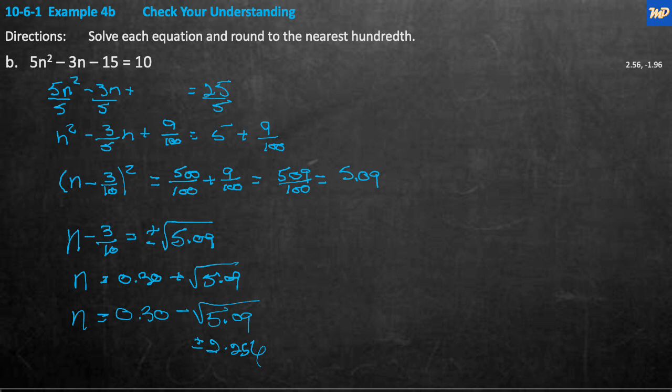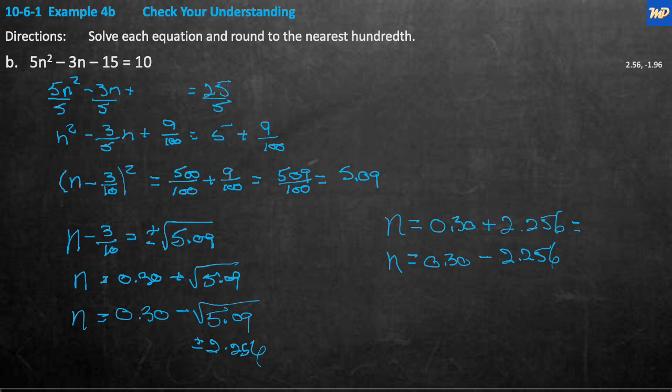So carrying it over here, our new number is going to be n is equal to 0.30 plus 2.256, and n is going to be equal to 0.30 minus 2.256. And when we do the math on that, we're going to find out that this is equal to 0.3.